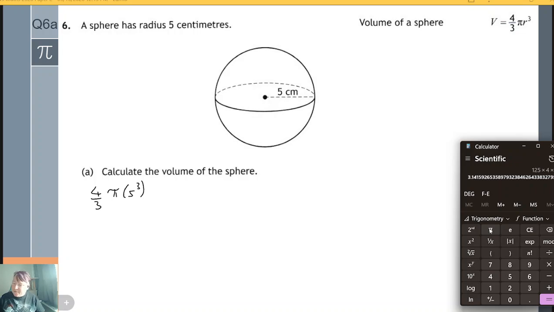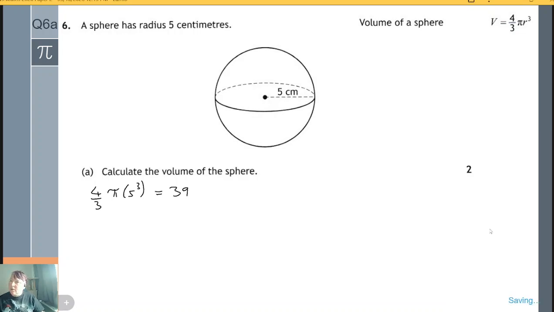Okay, now I want to divide by 3. 392.699 and loads more, and that's centimeters cubed for volume.